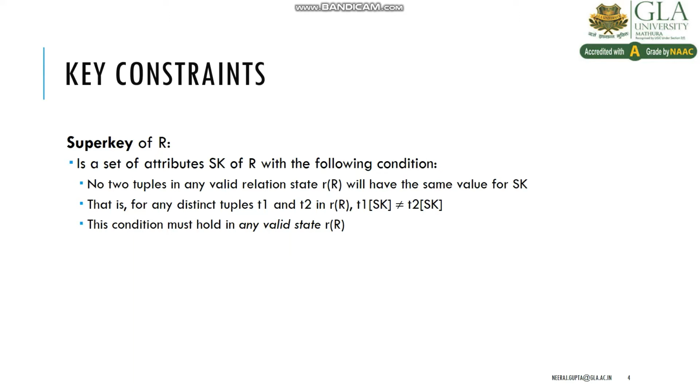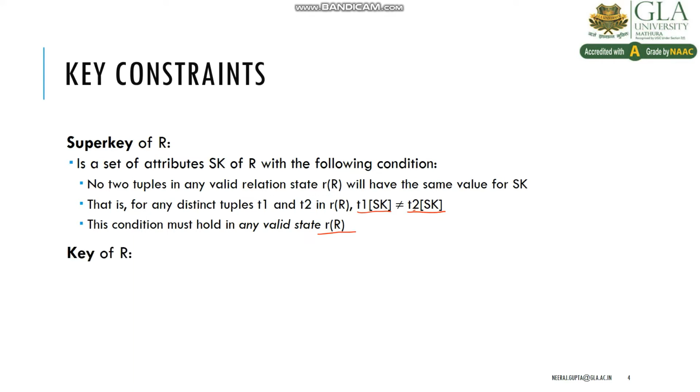That means no two tuples have the same values; they must be unique. Mathematically it is denoted by t1[SK] not equal to t2[SK], and this condition holds for every valid relation state r of R.